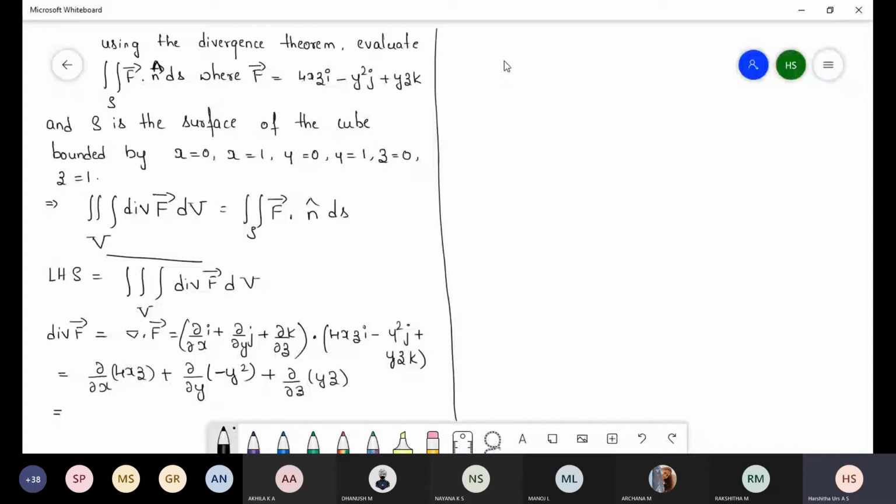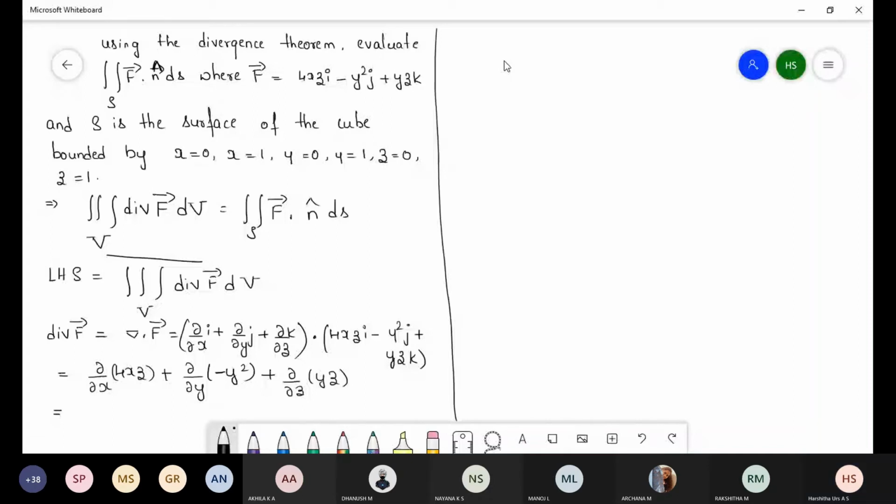That is equal to 4z minus y, because dou by dou z of yz is y, and minus y square partially gives minus 2y. So minus 2y plus y is minus y.